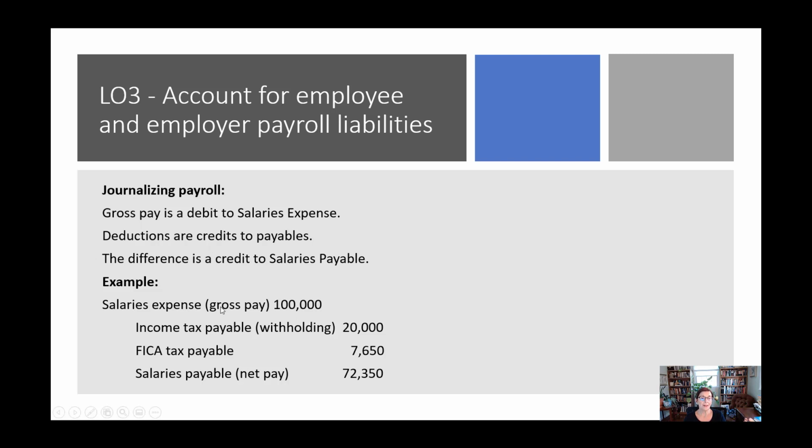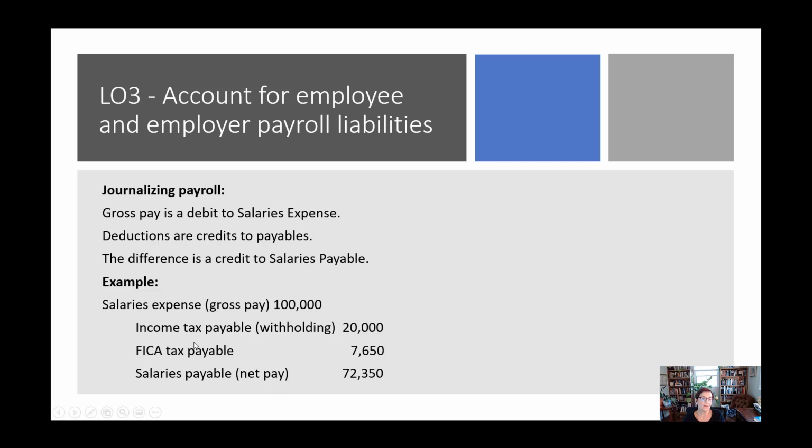Then we credit payables for all of the withholdings. Why? They were taken out of the paychecks by the company. So the company took, for example, your income taxes, and they have to send them to the government. It's not the company's money, right? It's really technically your money, but the money's being paid to the government, or it could be paid to other places, right?